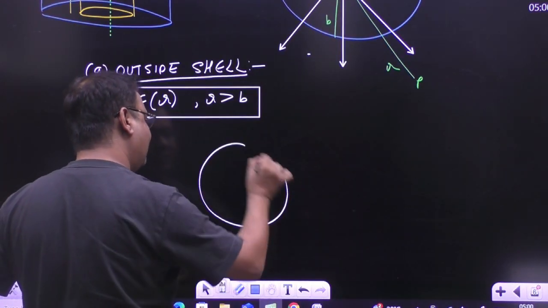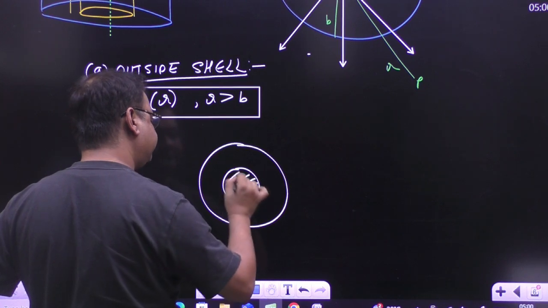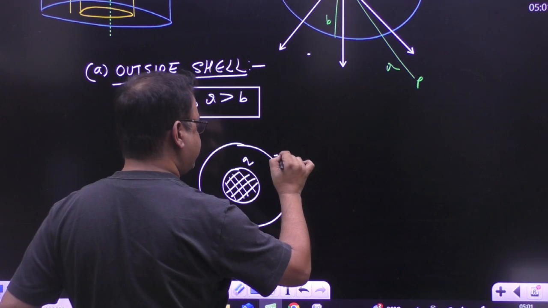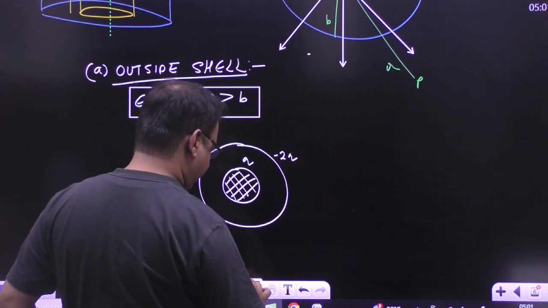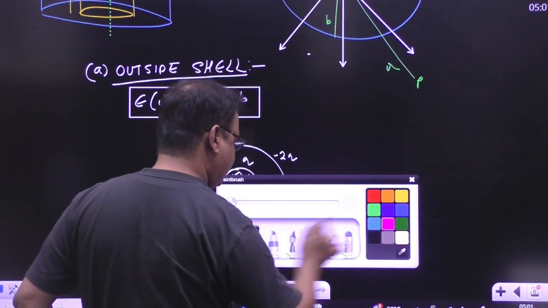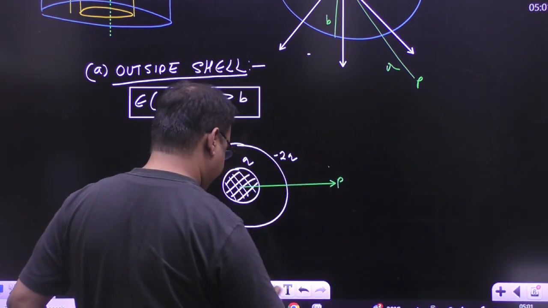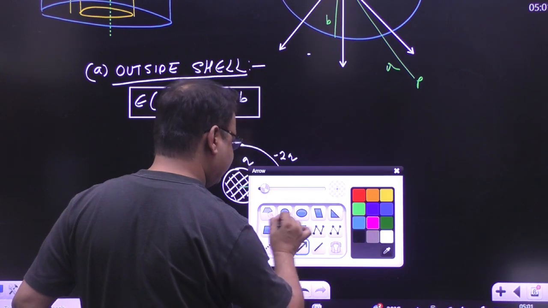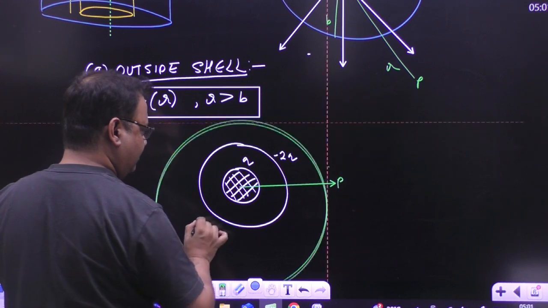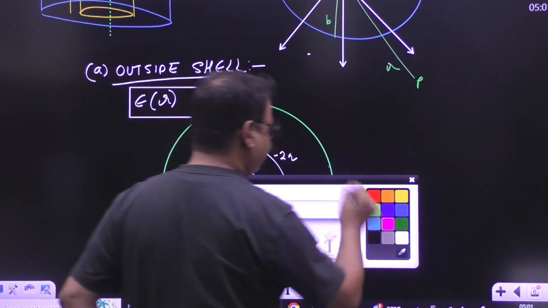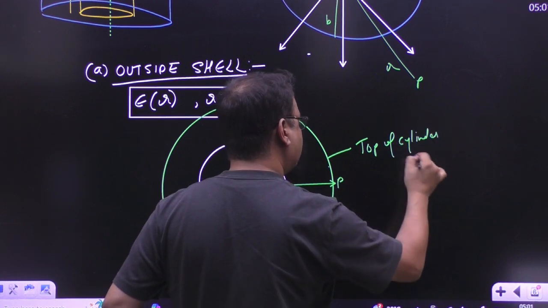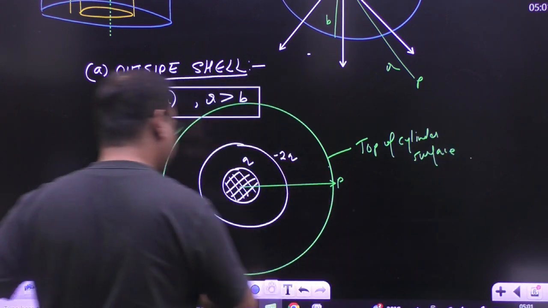Okay, so in this case, of course, I can make the whole thing inside. This inner cylinder has a charge Q. This outer thin cylindrical shell has a charge minus 2Q, and I have to find the electric field at a point P. Since there is cylindrical symmetry, as we have done so many times in the basics, I'll make a cylindrical surface. Here I'm making the cross-sectional view, so it appears like a circle, but basically it is the top view of a cylindrical surface.